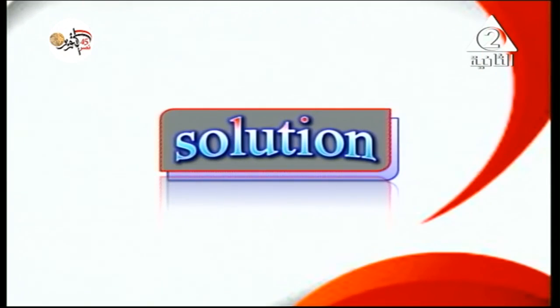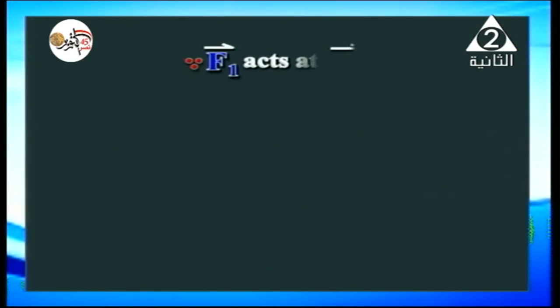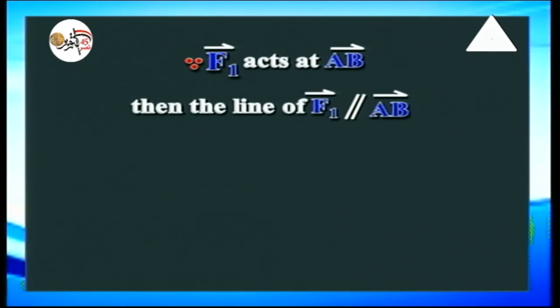Number 3, find the length of the perpendicular from the origin point to the line of action of the resultant. Look at the solution, my dear student. F1 acts in the AB direction. Then the line of F1 is parallel to ray AB.